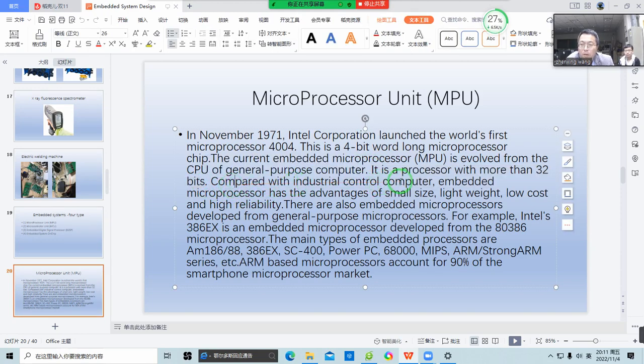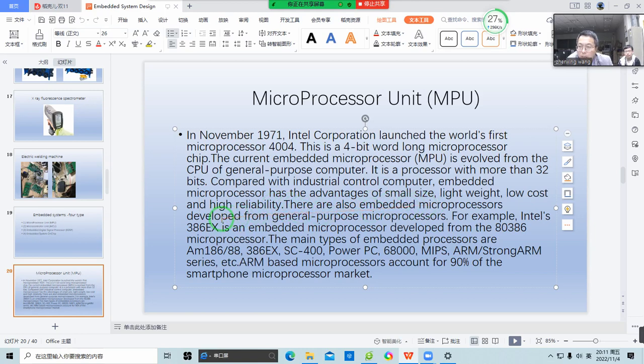Compared with the industrial control computer, the embedded microprocessor has the advantage of small size, very small, like your nail. Small size, lightweight, low cost. How much money for a processor? I can tell you, some only 1 RMB, maybe 0.2 US dollar, very cheap. And higher reliability.